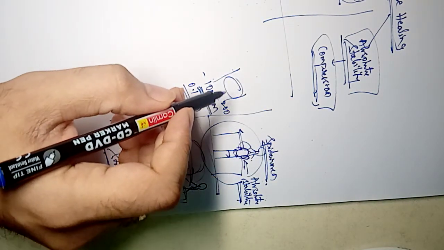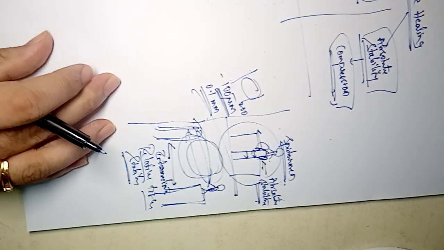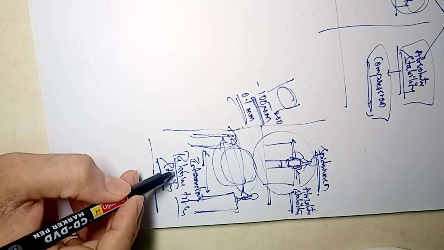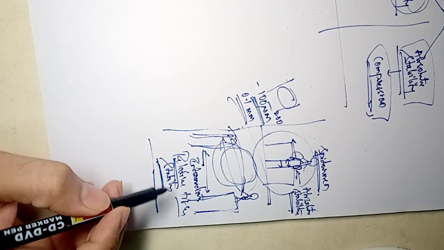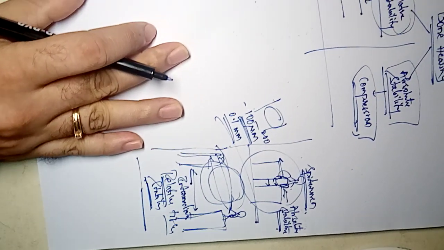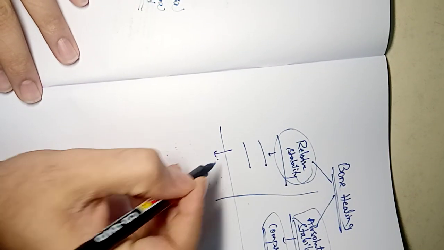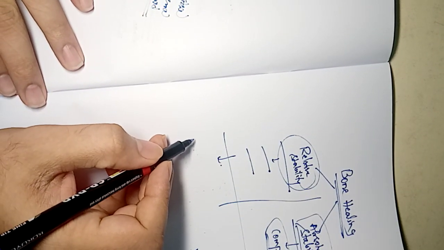We'll go on in detail later, and this is something called relative stability. This analogy is for relative stability. Coming to relative stability per se, I just want to clarify this.